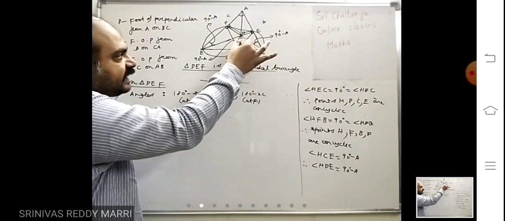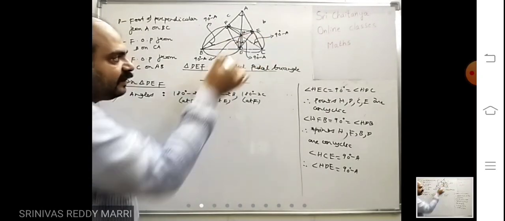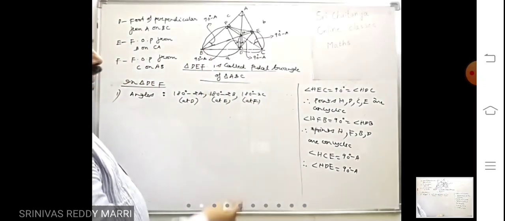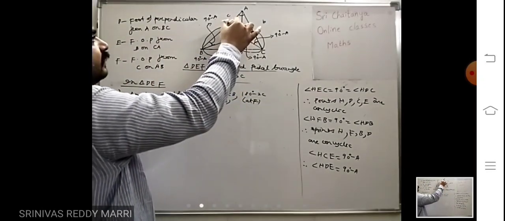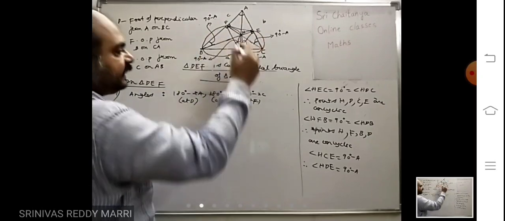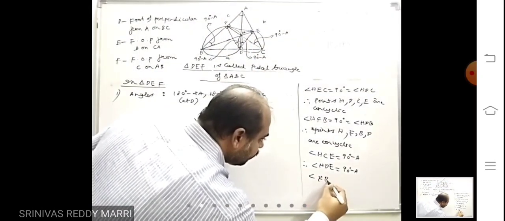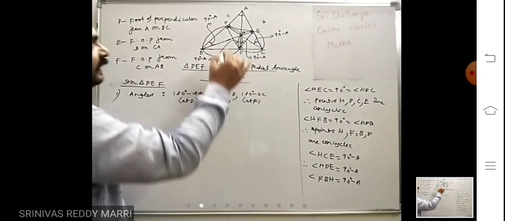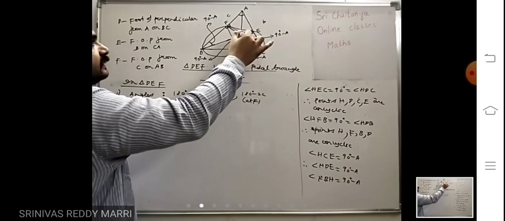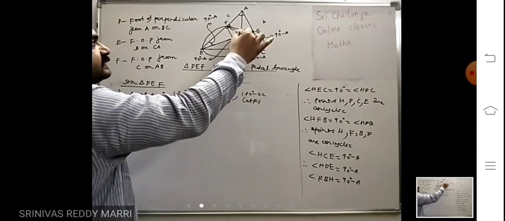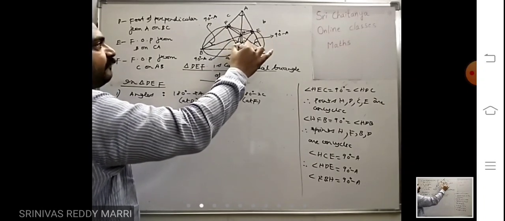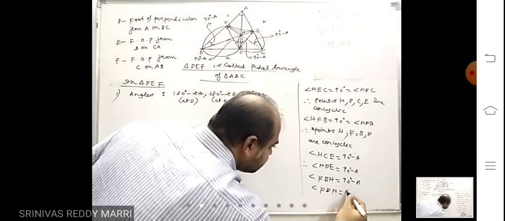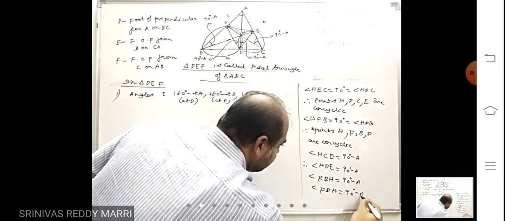This is 90 minus A, and this is 90 minus A. Both you club at D. Therefore, now look here, I am writing here: angle FBH is nothing but 90 minus A. Therefore, angle FDH is nothing but 90 minus A.